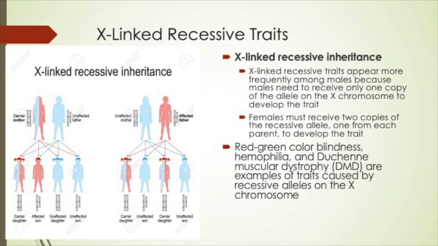X-linked recessive traits. These appear more frequently among males, right? Because it's X-linked, right? Because they only need one X chromosome to develop the trait. The females must have both. Red-green color blindness is one of these.